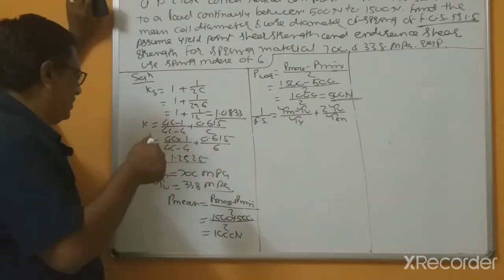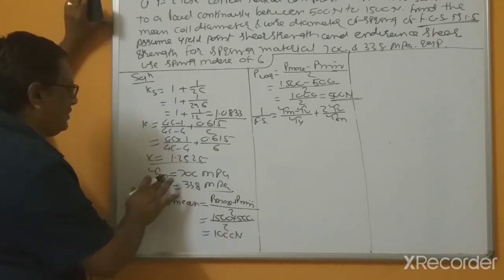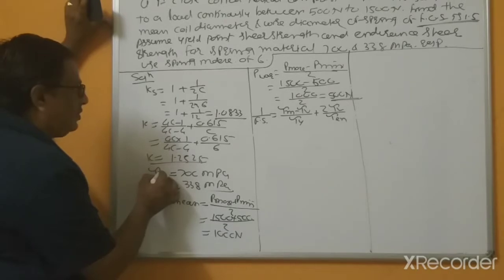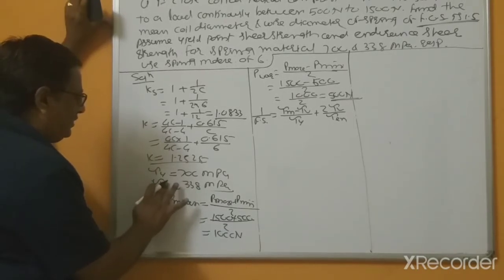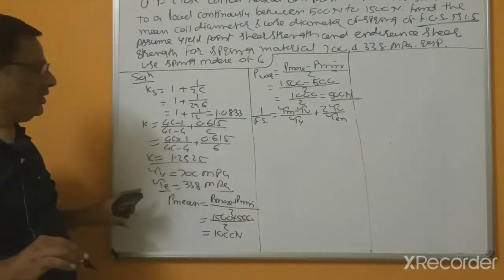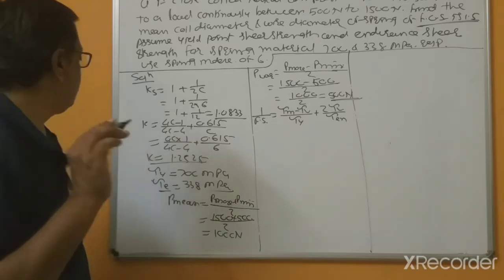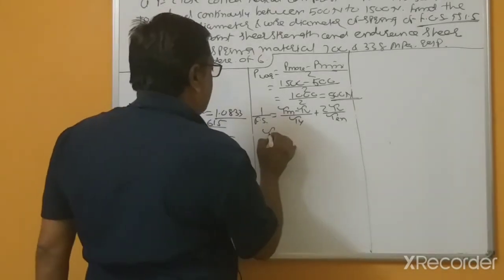So this is not tau m, this is tau y, and this is endurance strength. So first we have to calculate tau m.